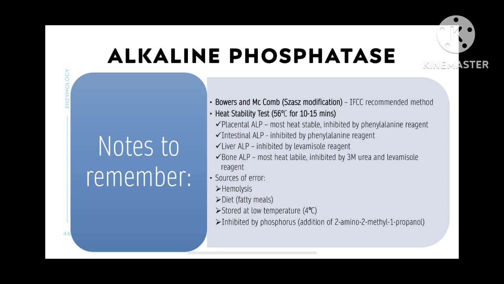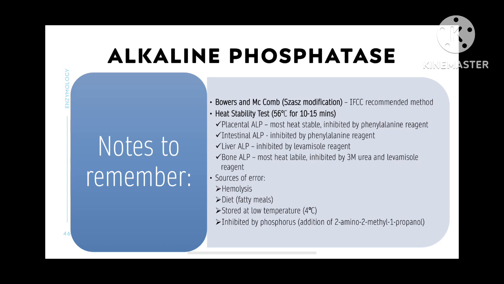This may cause slight elevations because alkaline phosphatase is approximately 6 times more concentrated inside the erythrocytes than in serum. ALP assays should be run as soon as possible after collection. Activity in serum increases approximately 3 to 10% on standing at 25 degrees Celsius or 4 degrees Celsius for several hours.